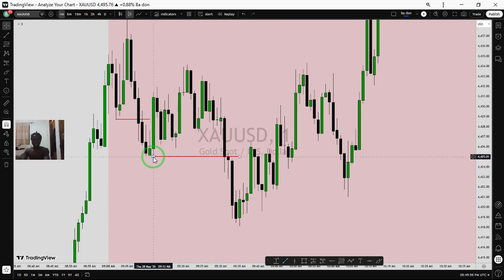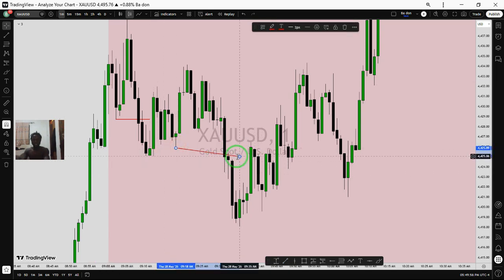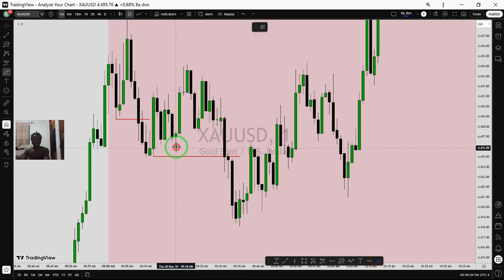Now this structure right here is not valid. This one is not valid.